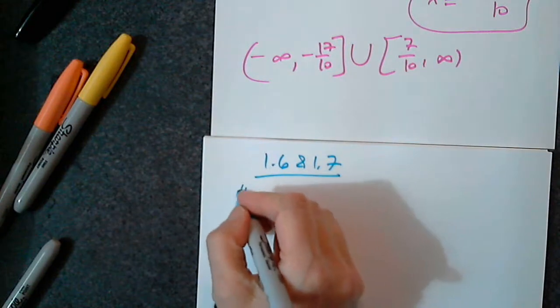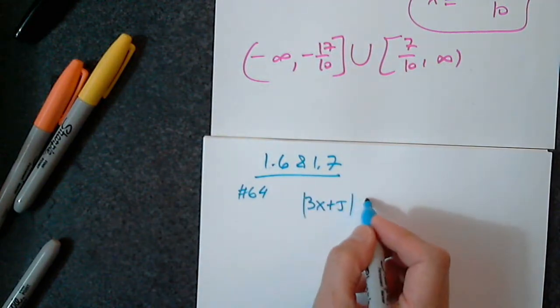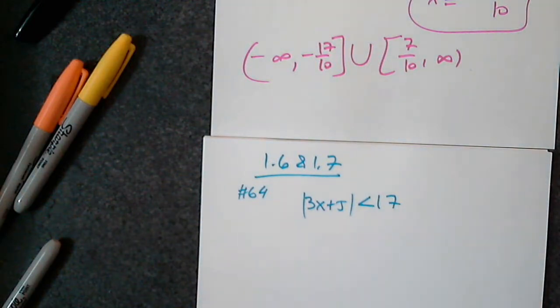Okay, let's say number 64. 3x plus 5 in absolute value less than 17. So now it's completely cleaned up. There are no steps that I need to perform here. So I just have to identify whether it's the nice one or the one that I have to work harder on.